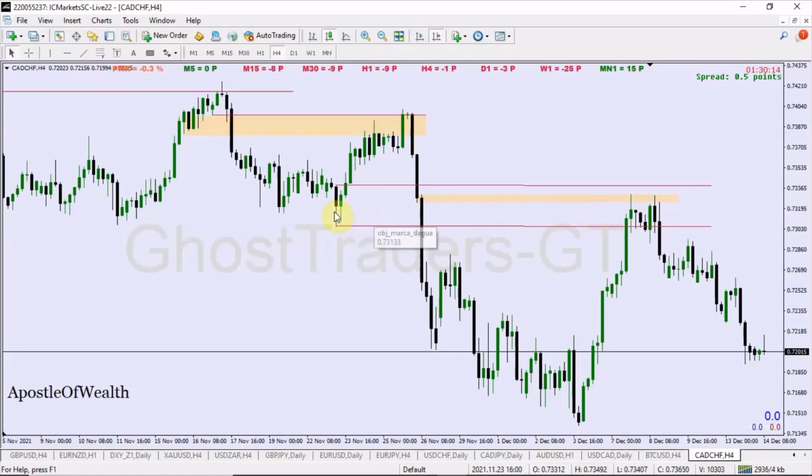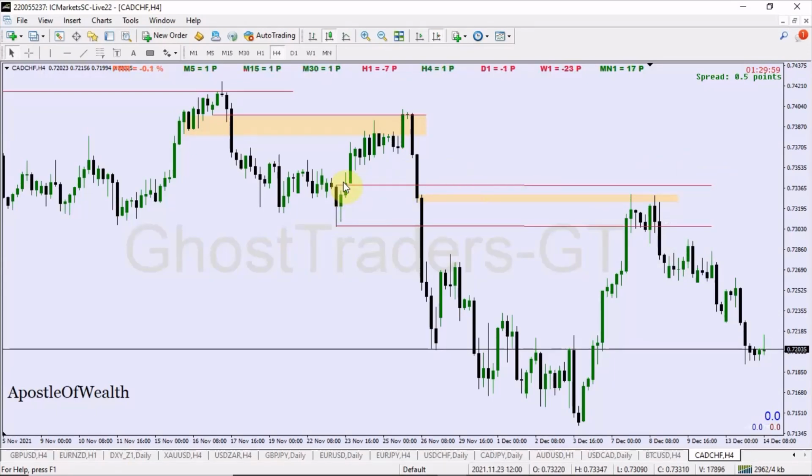We expect price to move within this area but never to take out this high, so our stop loss is 5 or 10 pips away from this high.